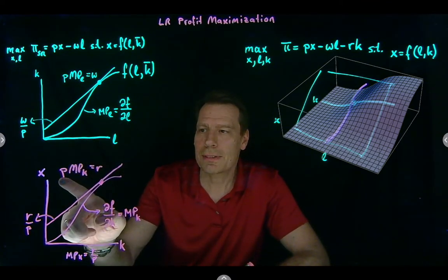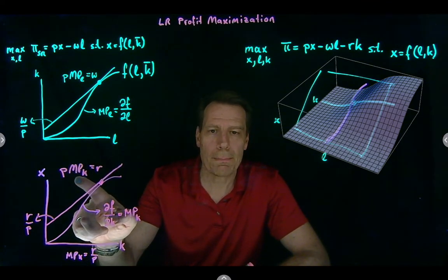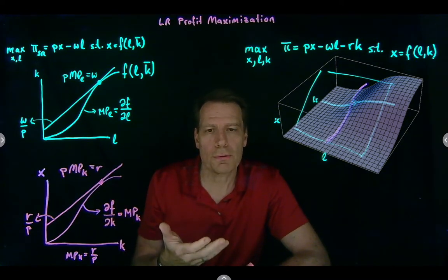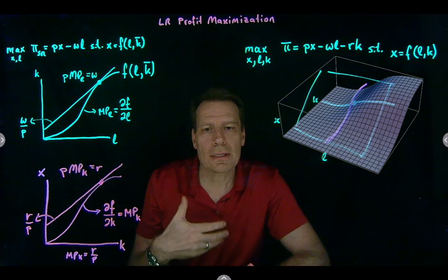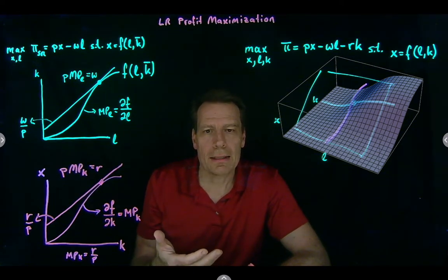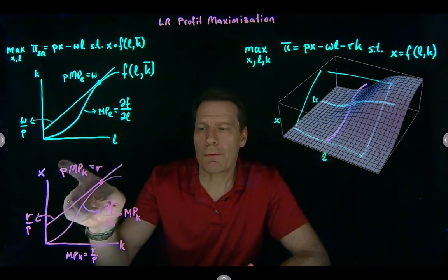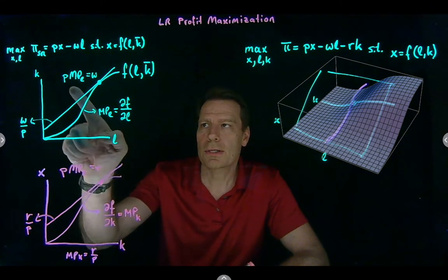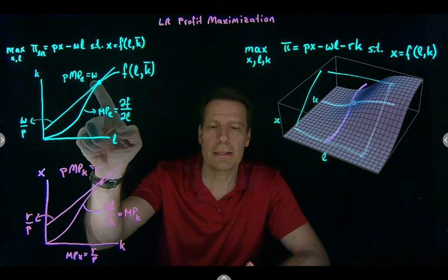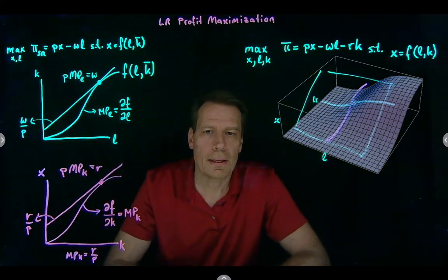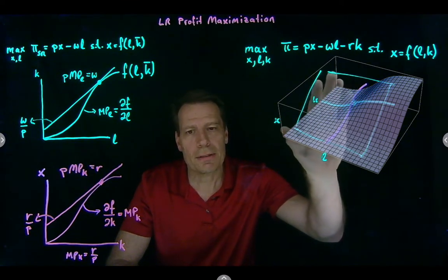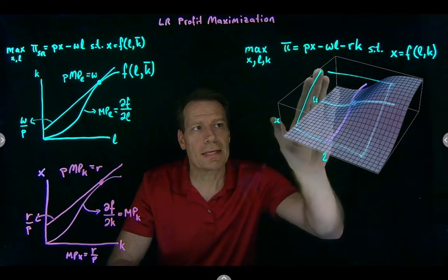Only now this is the marginal revenue product of capital, the additional revenue we get from hiring one more unit of capital. And we're going to keep hiring capital until the marginal revenue product of capital is equal to the price of capital, just as we kept hiring labor until the marginal revenue product of labor is equal to the wage.